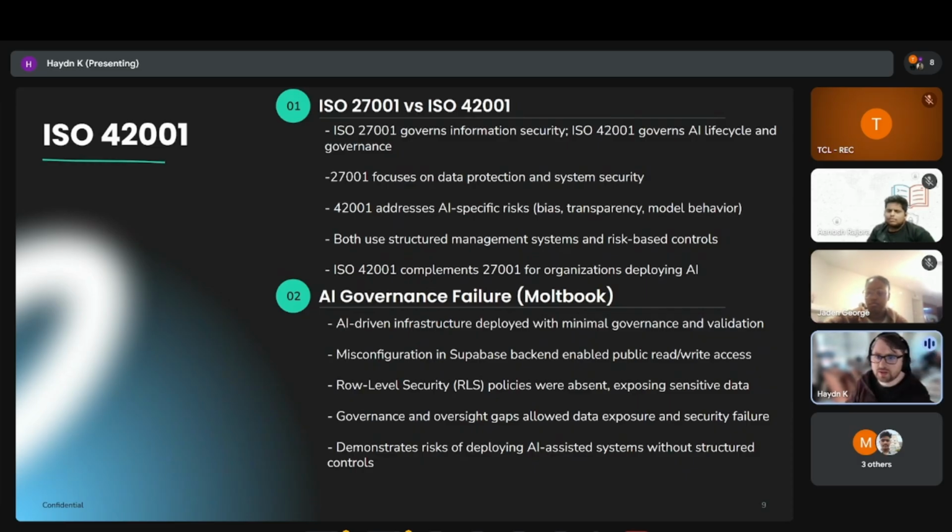Some of the key differences is that ISO 27001 governs information security, while 42001 specifically governs the AI lifecycle and governance. 27001 focuses on data protection and system security, while 42001 addresses AI-specific risks, like Jaden mentioned, bias, transparency, model behavior.